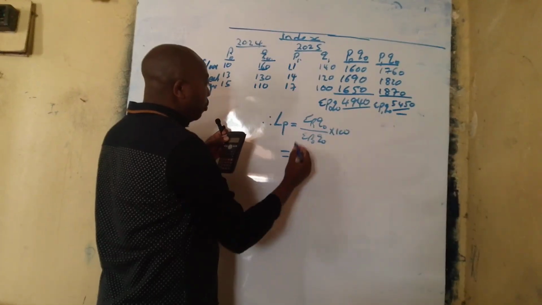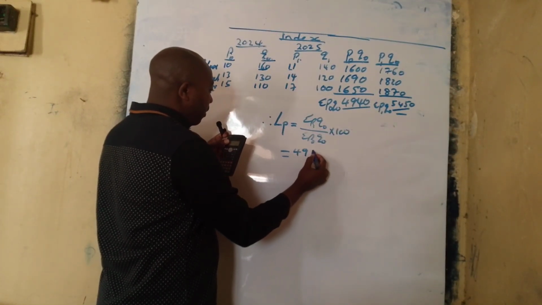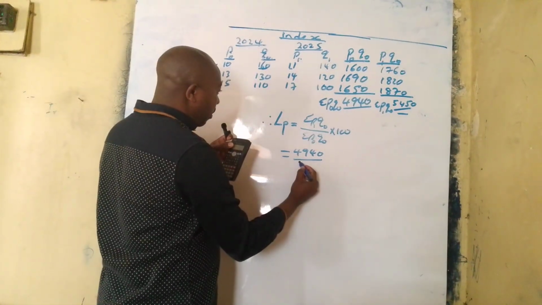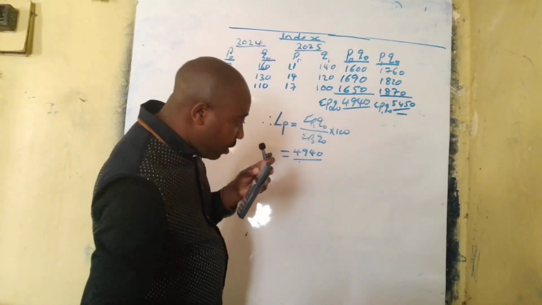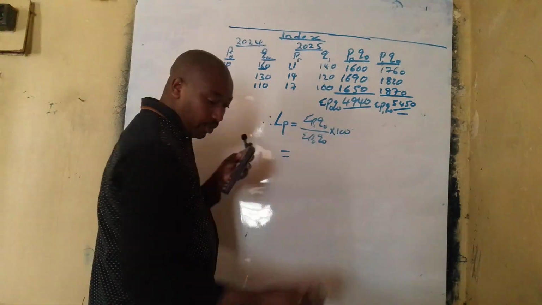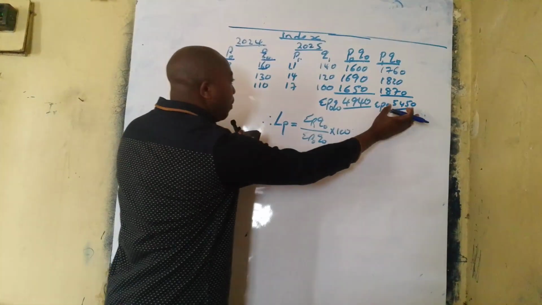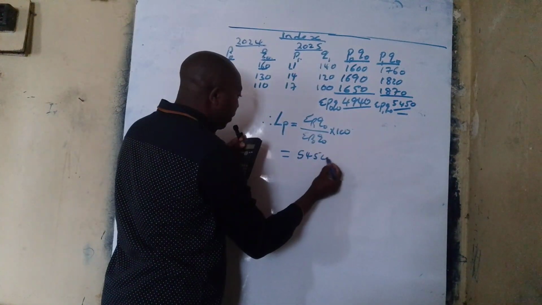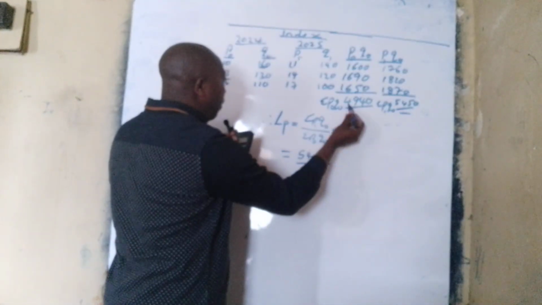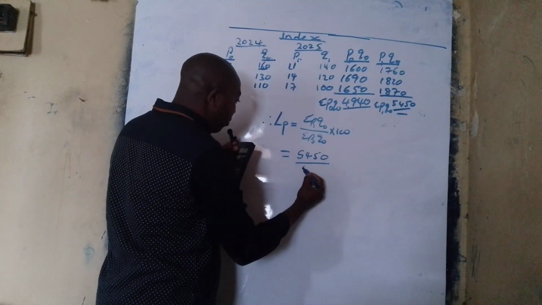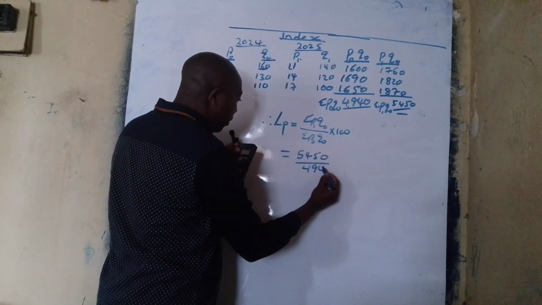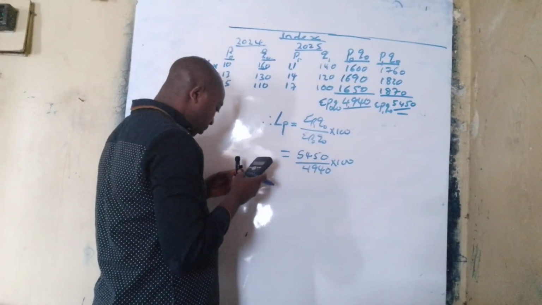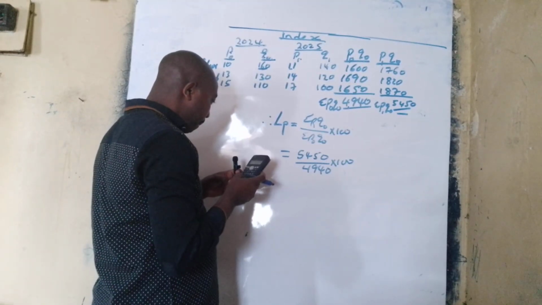This translates to 5450 all over P0Q0, that is 4940, then times 100.